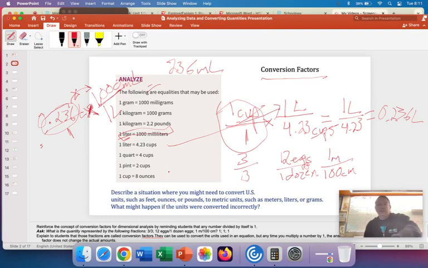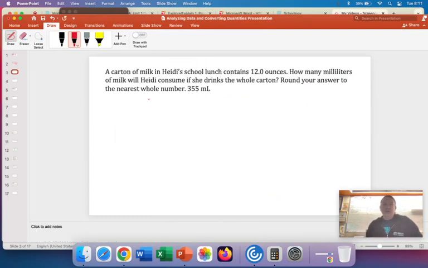So let's do this example here. The carton of milk in Heidi's school lunch contains 12 ounces. How many milliliters would she have drank if she drank the whole carton? We're going to round it to the nearest whole number. So let's see how we get our answer.